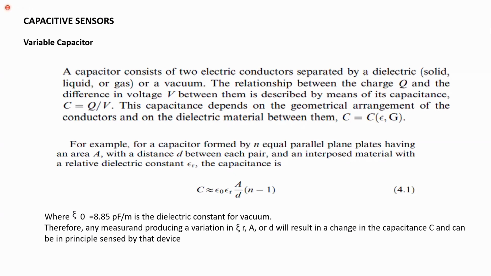N is the number of plates in a capacitor, that is a small n, and D is the distance between 2 plates, and A is how much area is covered by both of the plates or opposite plates. Epsilon naught and epsilon r are the dielectric constants of air and of that material.